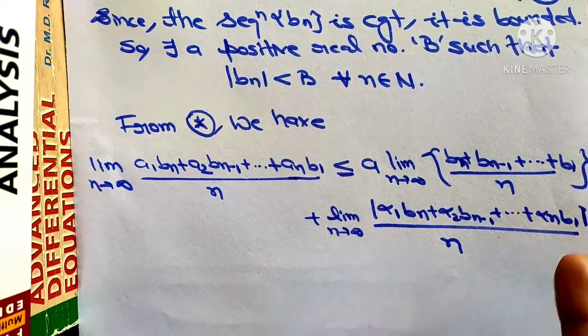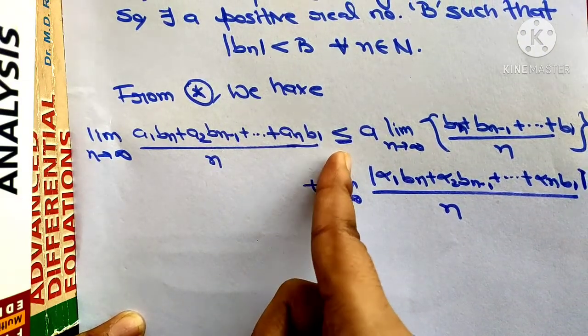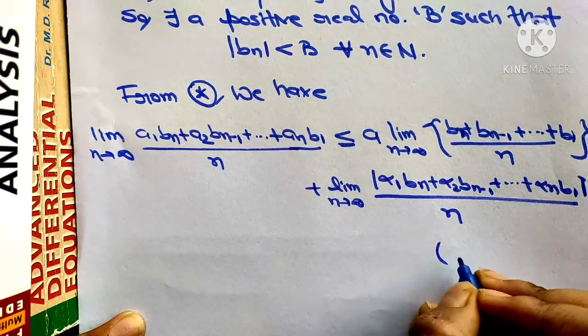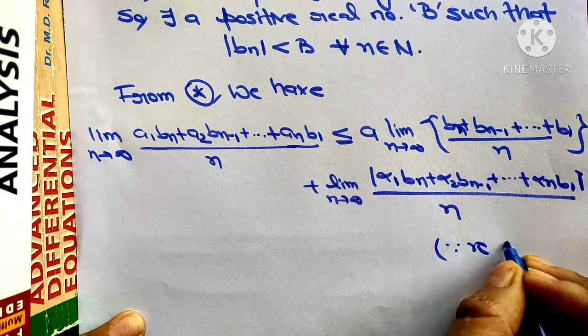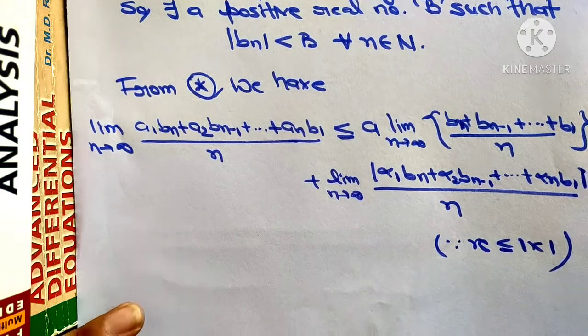We just take the modulus sign and put less than or equal to, because we know that x is less than or equal to mod of x. You better know that.